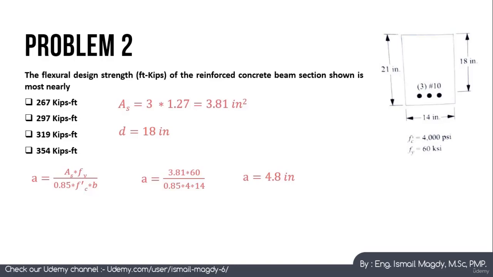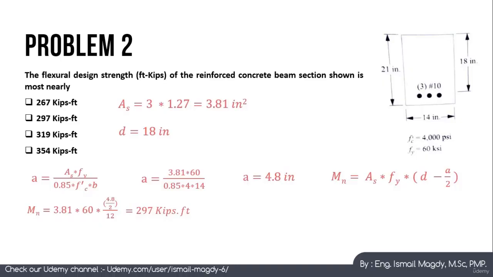Now the next step is to calculate Mn, the nominal moment, which equals As multiplied by fy multiplied by d minus a over 2. We have all of these parameters, so Mn equals 3.81 multiplied by 60 multiplied by 18 minus 4.8 over 2, all of this divided by 12, because we want to use feet, so we are converting from inches to feet.